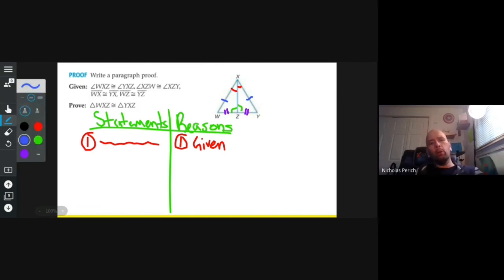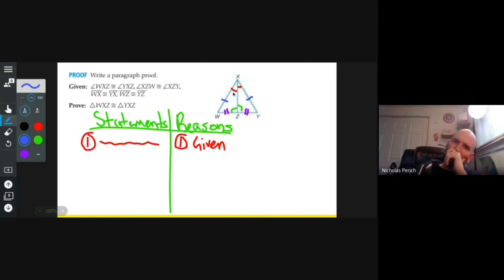Here's what we can do. So these are the two triangles that we need to prove are congruent. I need to prove that this triangle on the left is congruent to that triangle on the right.